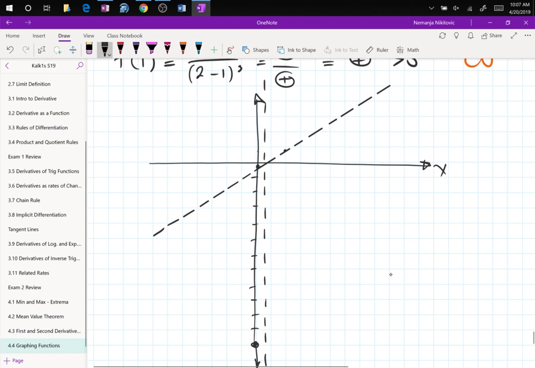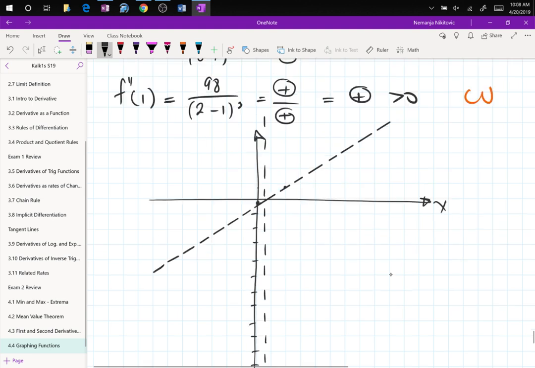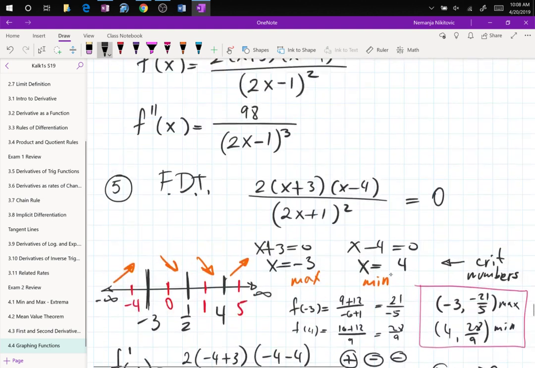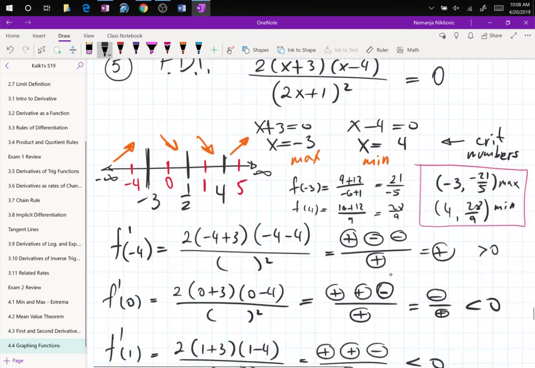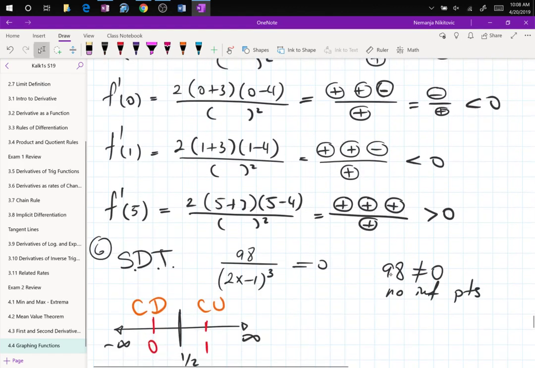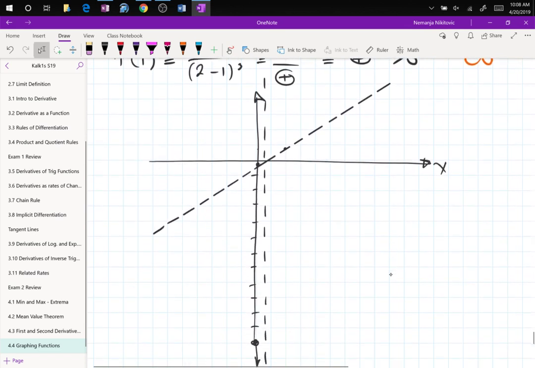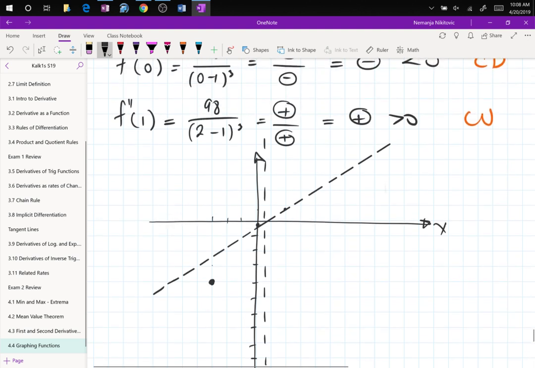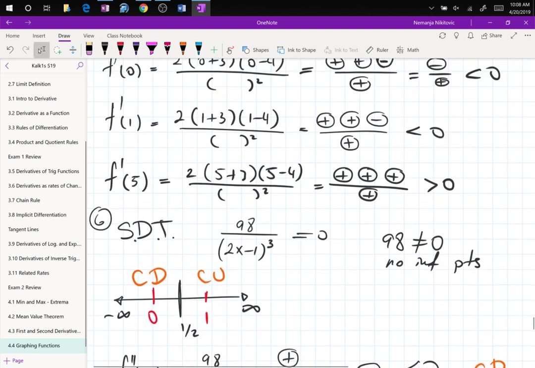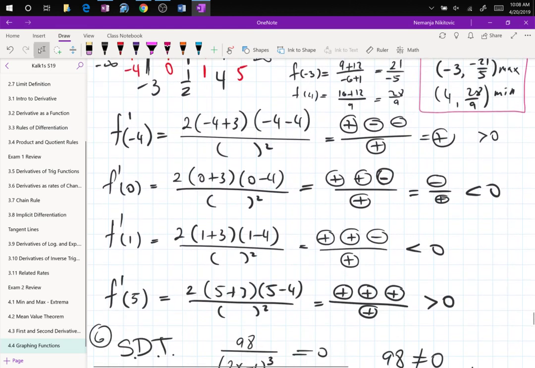Now I need my numbers, -3 and negative something. What was it? -3, -21 over 5. That's like -4. So -3, -4. 1, 2, 3, 4. So somewhere over here. And then the other part was 4 and 28 over 9.